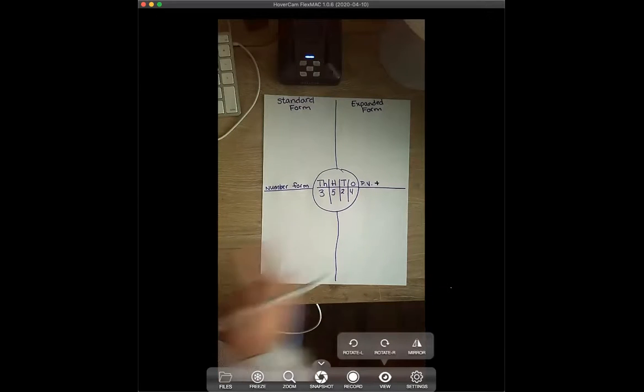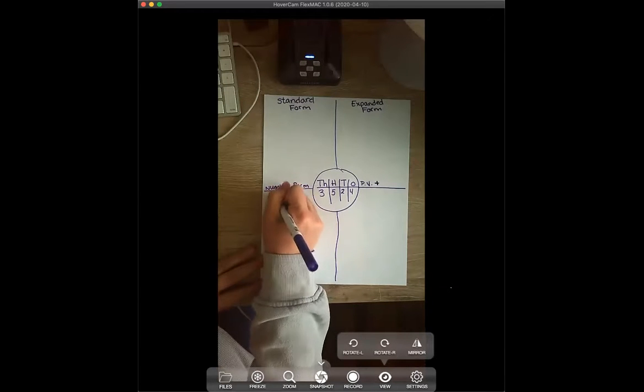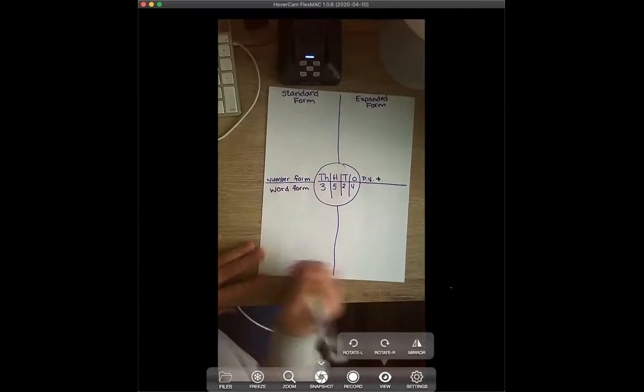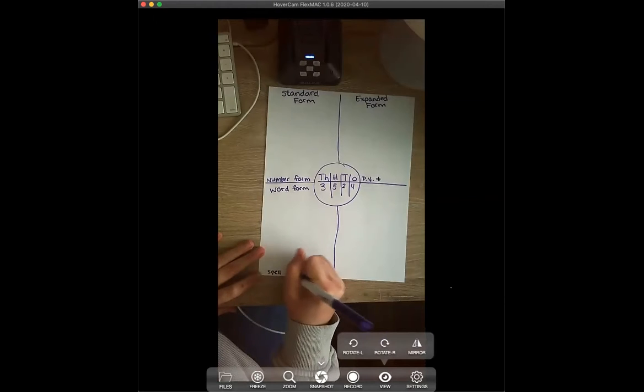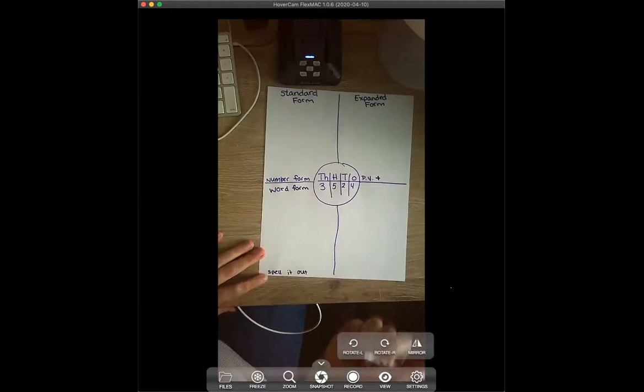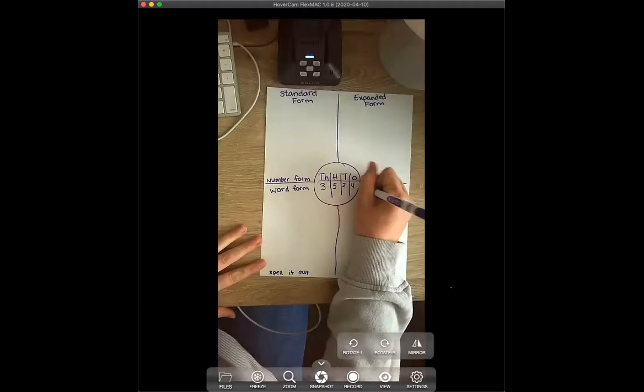They have to write it in word form. That's basically when they spell it out. And the last way they have to do it is draw it in model form.